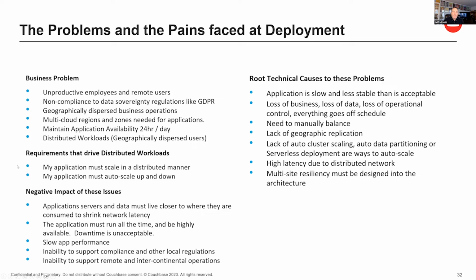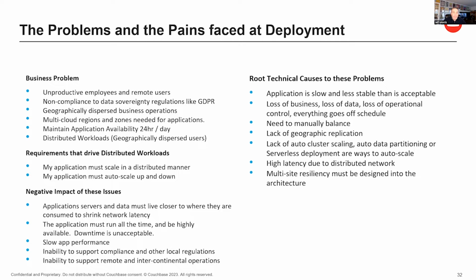So when we really start to investigate the problem of needing distributed workload support, it may manifest itself as a variety of different things, right? It could be a lack of productivity from an application because it's too slow, or lack of ability to support different geographic locations because it's only hosted in a particular availability zone or cloud.